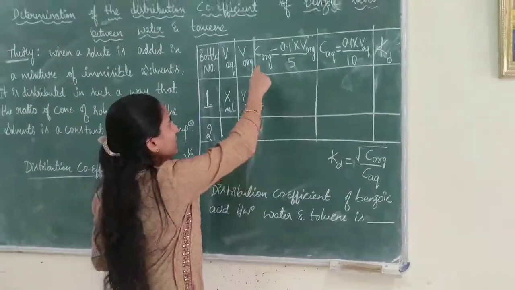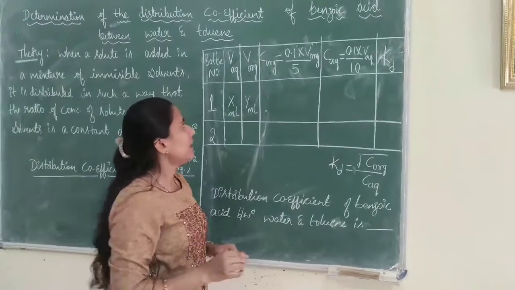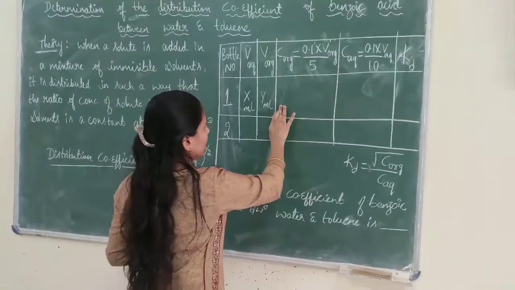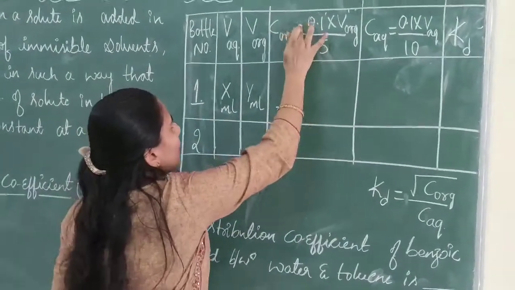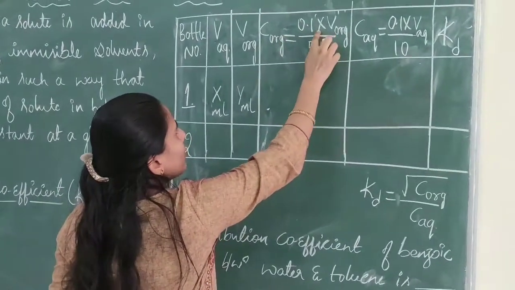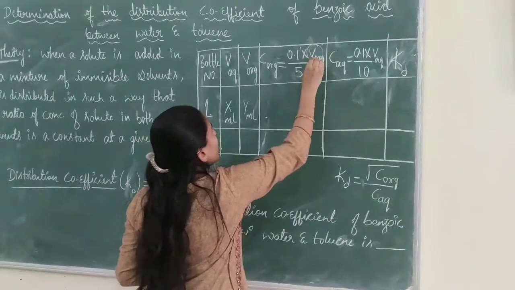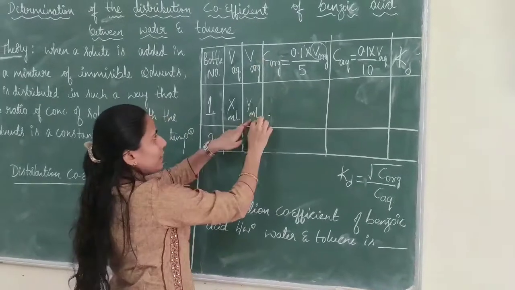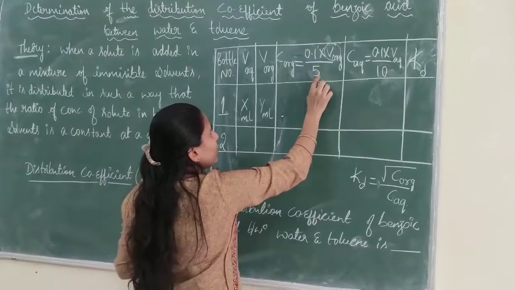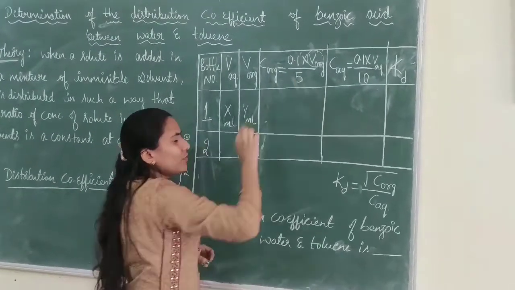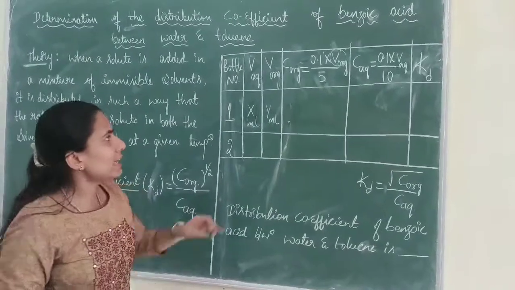C organic is the concentration of benzoic acid in the organic layer. It is calculated by 0.1 into V organic, which is this Y ml value, divided by 5. Why 5? Because we pipetted out 5 ml of organic layer.